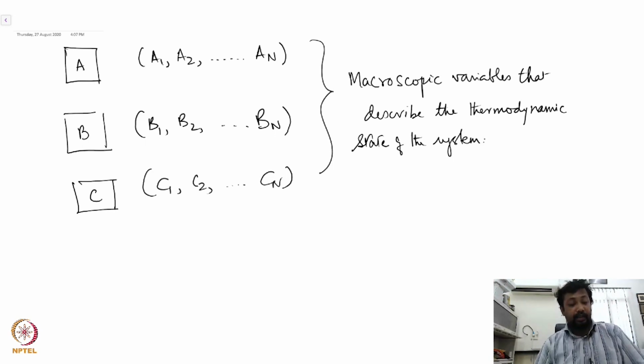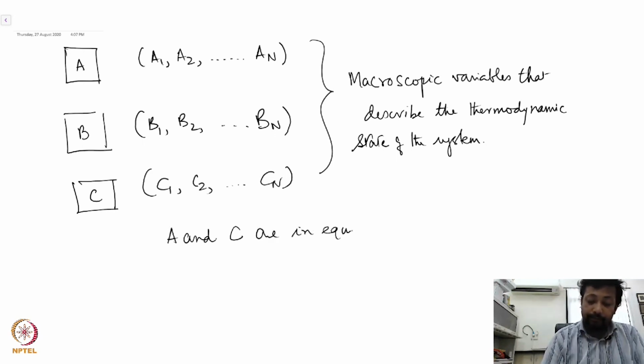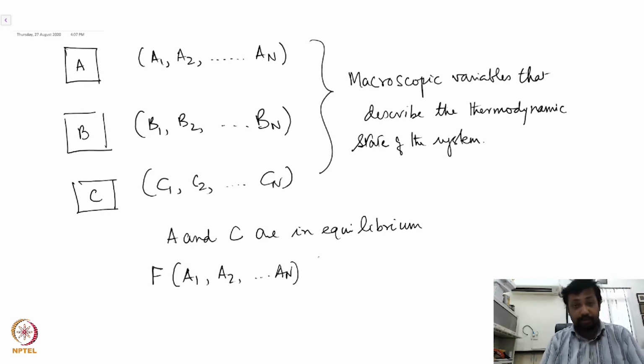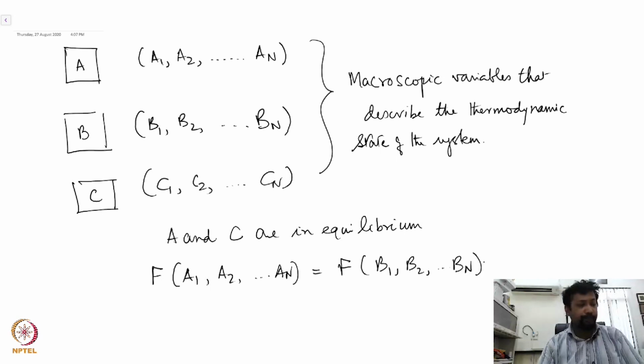Now, when I say that A and C are in equilibrium, that necessarily means that I can have a relation of this form, a functional form between the macroscopic variables that describe the thermodynamic state of A and the macroscopic variables of the thermodynamic state of C. The function f can be different for both of them, but for ease of this discussion, we will assume that it is the same.